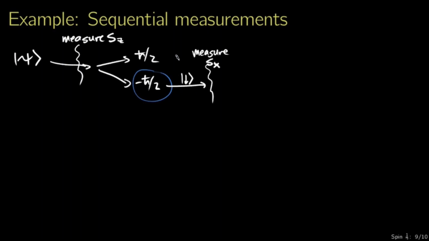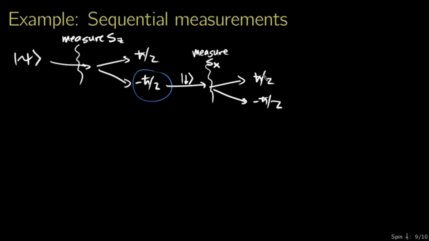So we have the down state now, and we want to measure S sub x. We've prepared a quantum system in the down state. What are the possible outcomes for a measurement of S sub x? Well, the S sub x measurement could be, in principle, either h bar over 2 or minus h bar over 2. These are the possible outcomes, and we don't know necessarily which one is more likely yet.